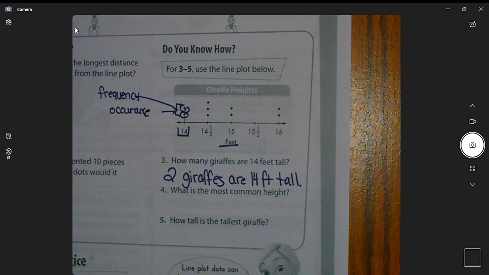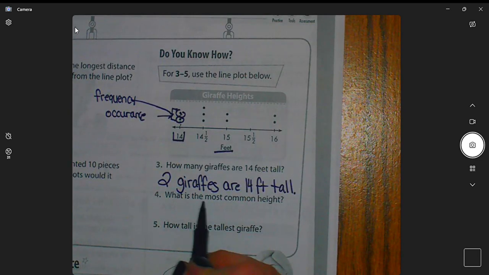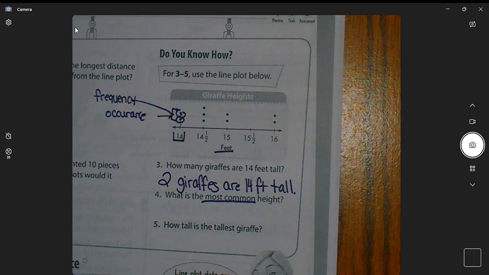What is the most common height? So here we see the words most common, and it is asking me which one happens the most, which one has the most dots.